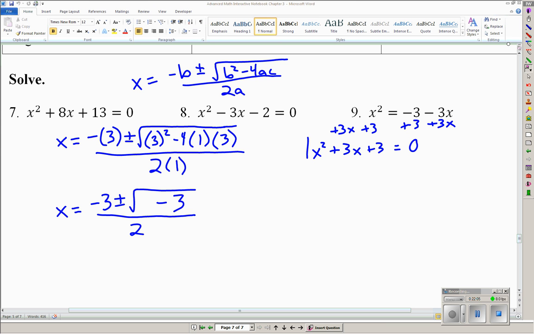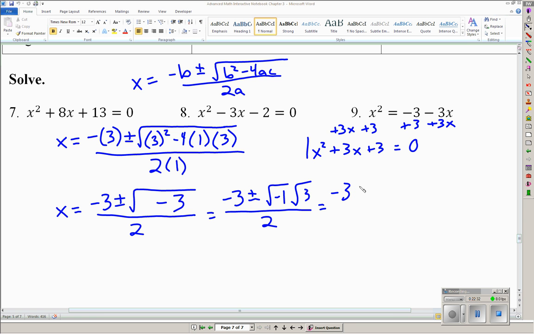Now the discriminant's negative, so I'm going to have two complex solutions here. So negative 3 will need to be rewritten as negative 1 times 3, both under the square root, and the square root of negative 1 is i.